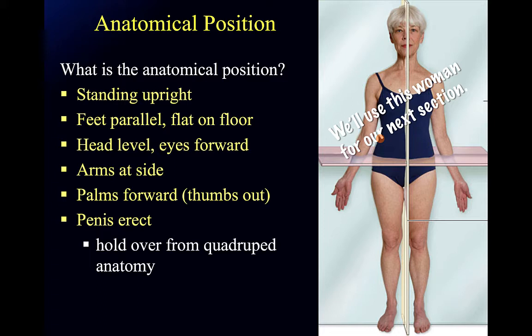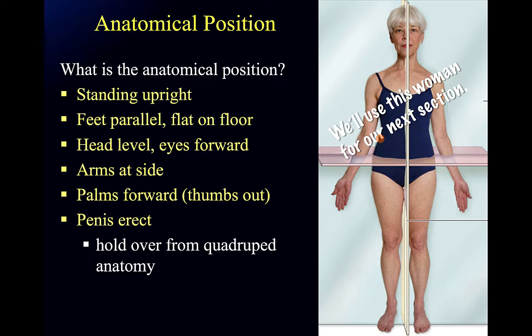Now the last one here doesn't apply to this particular person here, but in the anatomical position, the penis is erect. And that's just because our penis happens to hang off the body like another appendage, and we need to have a reference for the position of it to describe the tissues that are inside of it. It's going to have 3 erectile tissues, 2 paired tissues, and 1 singular tissue.